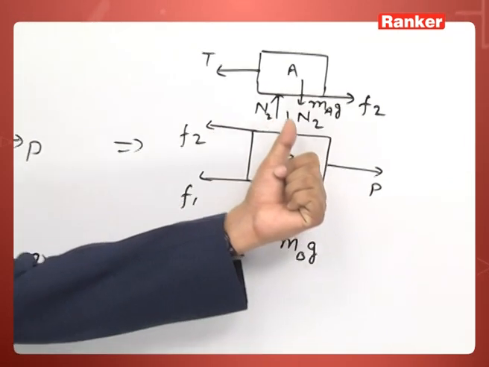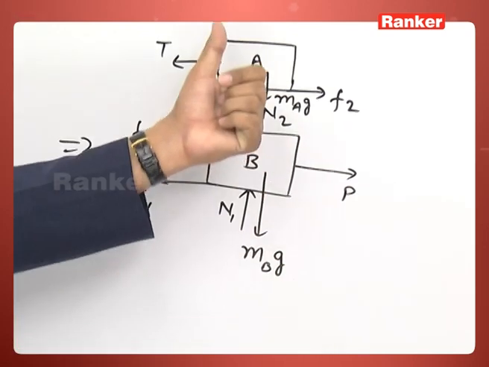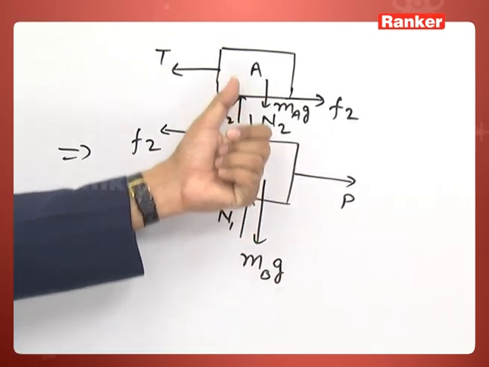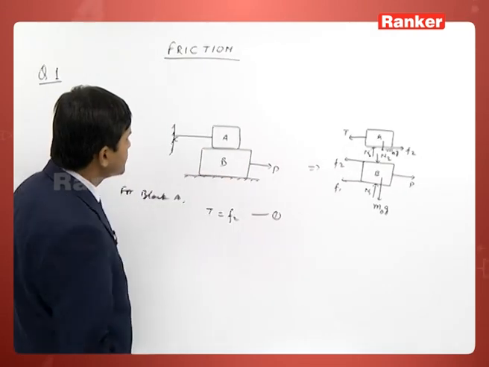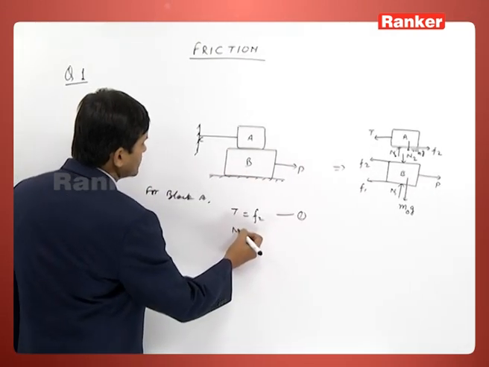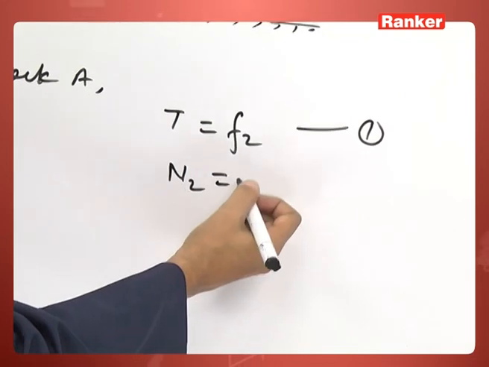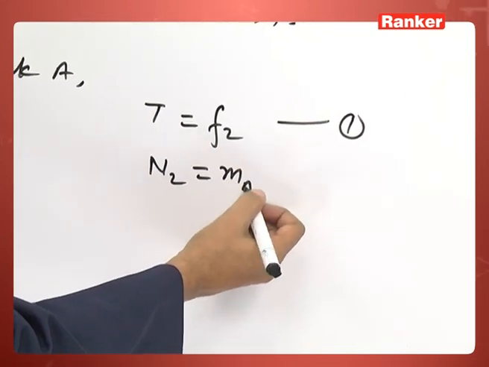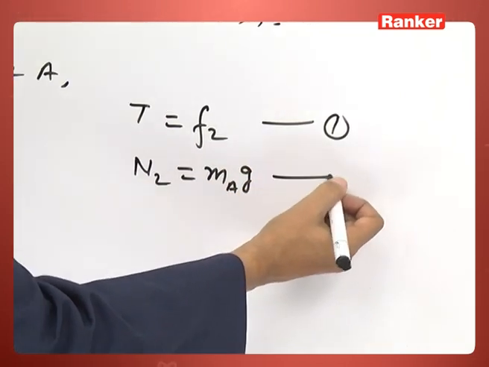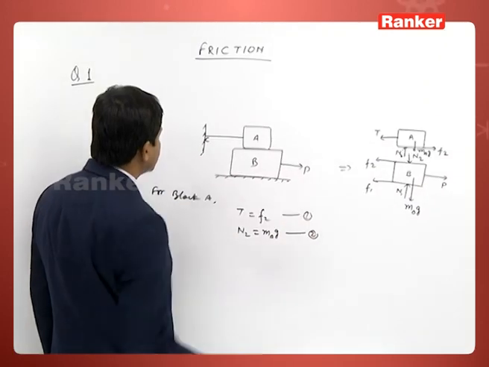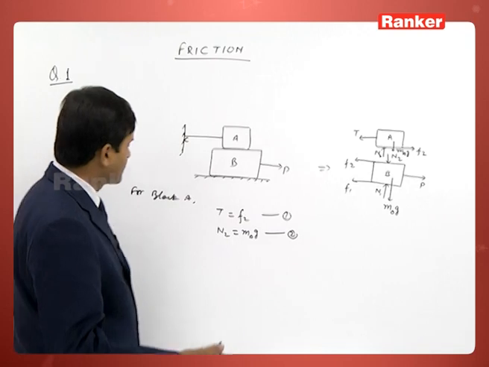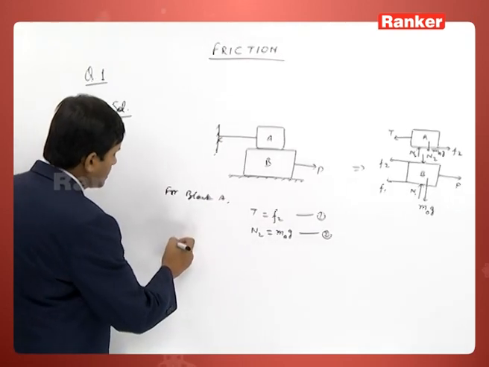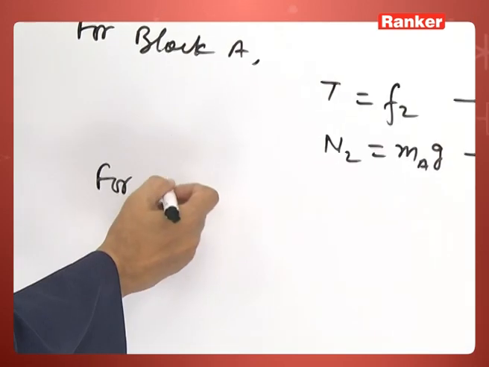Second, in the vertical direction, N2 is acting upward, MA g is acting downward. So N2 is equal to MA into g. This is the second equation. This is for block A. Now for block B.